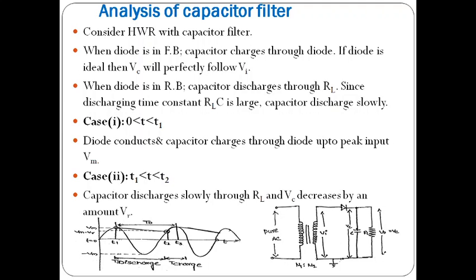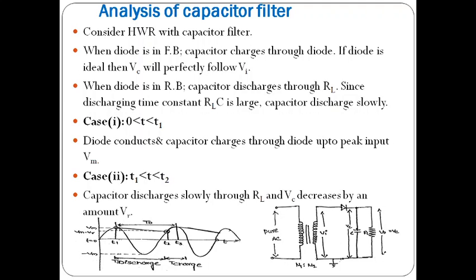Assuming an ideal diode, there is no drop, so whatever input voltage we apply, Vm sin omega t, the capacitor charges up to the peak voltage Vm.